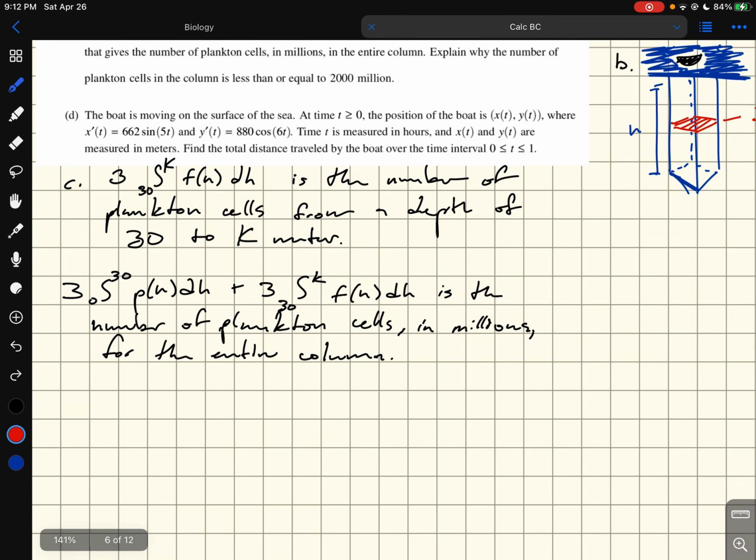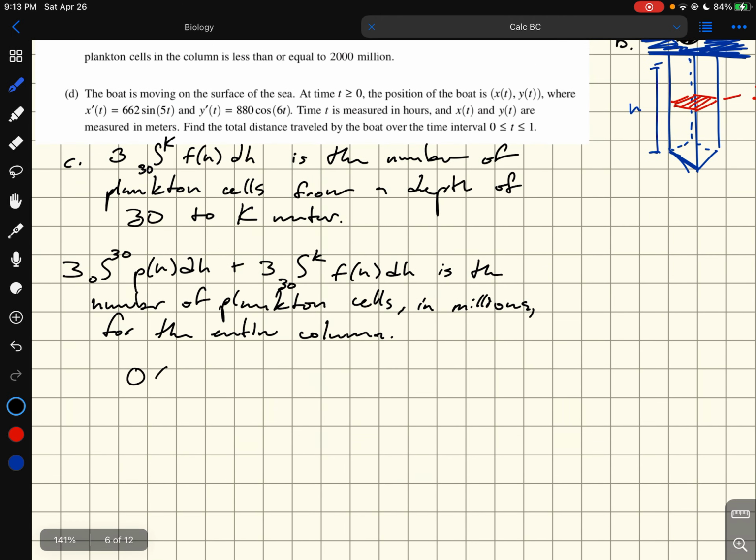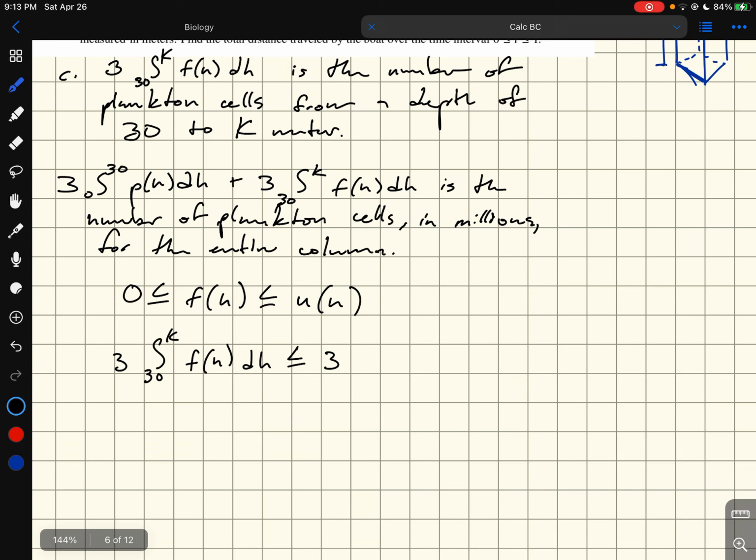So we know that 0 is less than or equal to f of h, which is less than or equal to u of h. So that means this integral that we use to explain the second half of our entire column, from 30 to k of f of h dh, is less than the integral if we used a function like u of h to explain the column.